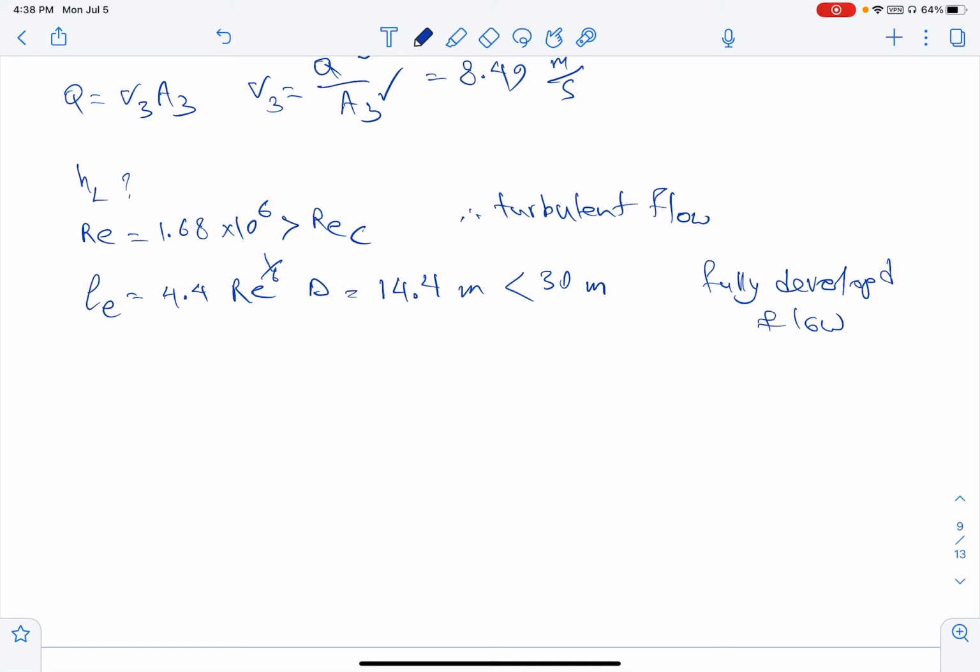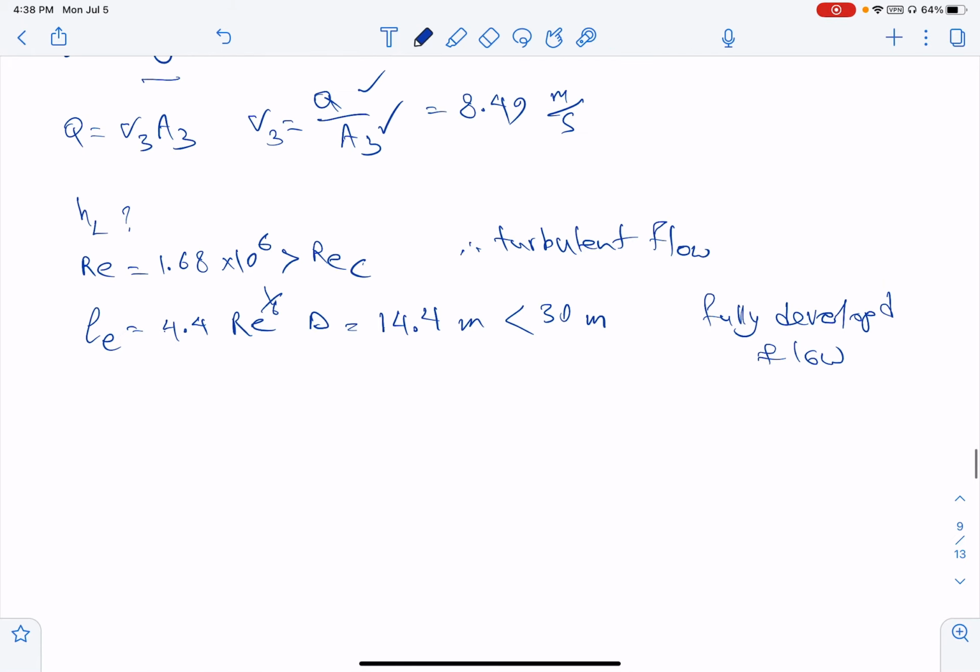So now we have fully developed flow, and from here we can find HL, and we know the formula for HL. Let me just write down the last formula we're going to get out of this one.